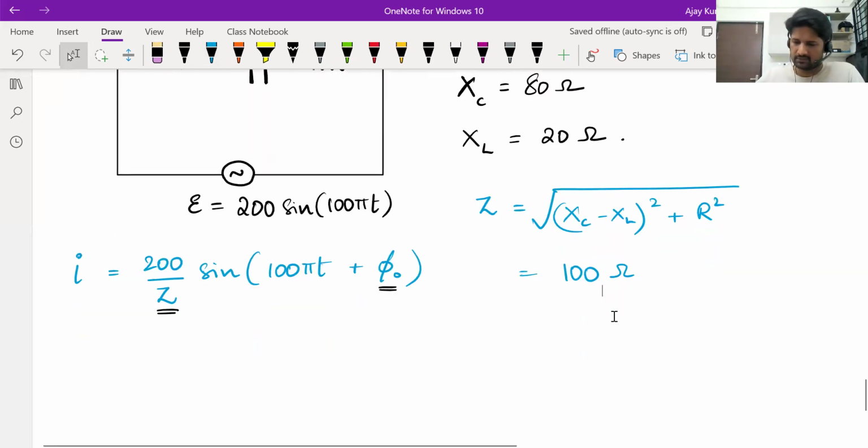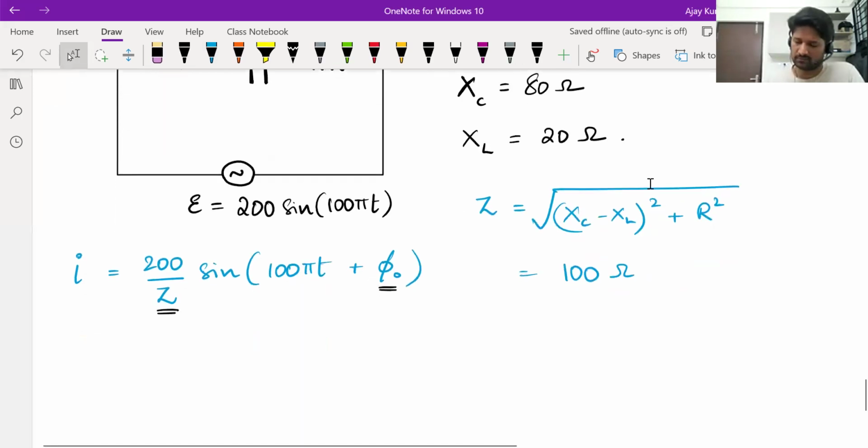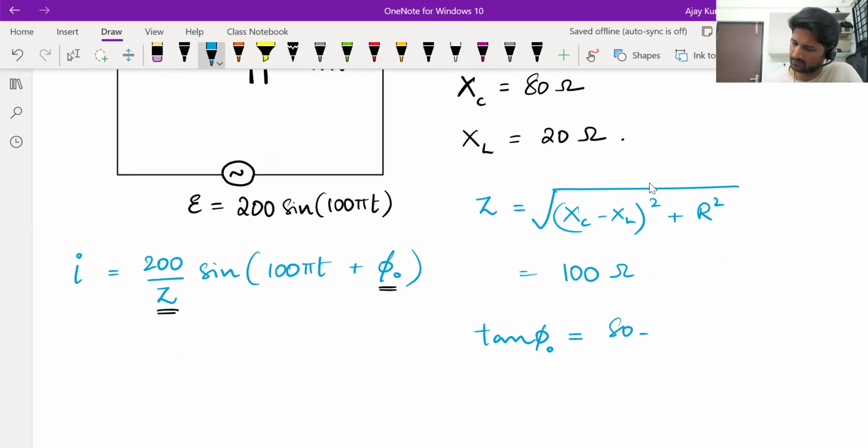And tan phi I got 3 by 4. You can write tan inverse 3 by 4 also, nothing wrong in that. Now tan phi is XC minus XL by R. So 80 minus 20 divided by R, which is 80. 60 by 80, that is 3 by 4, correct?